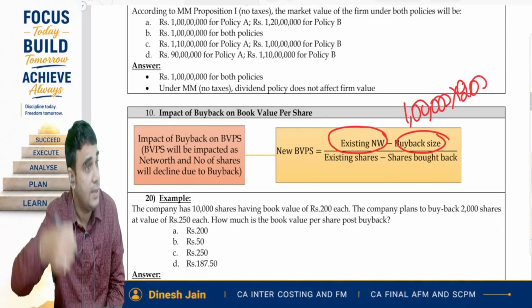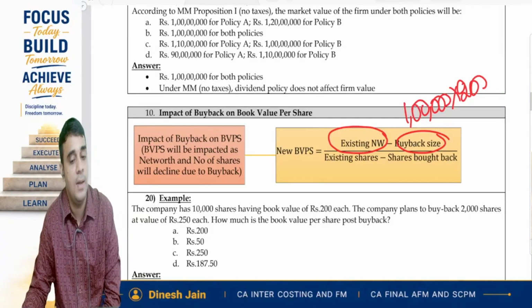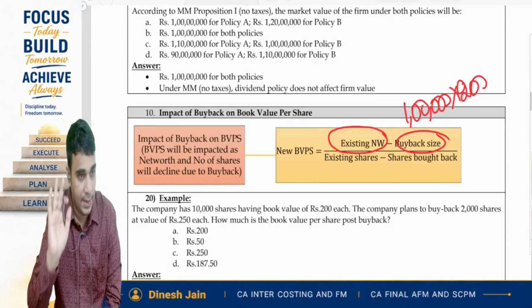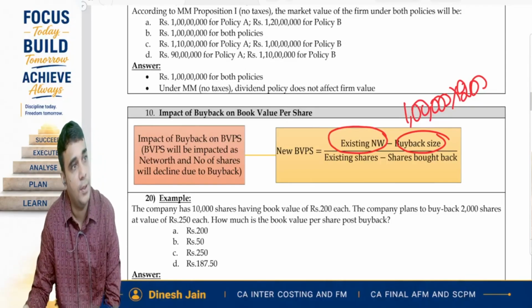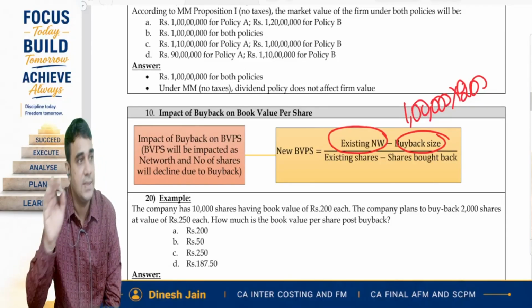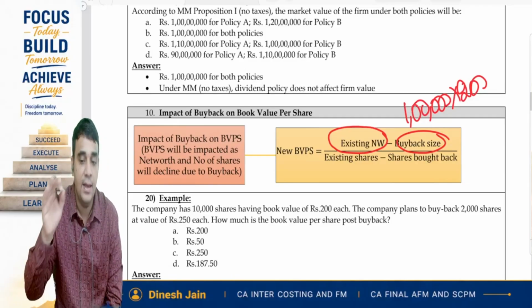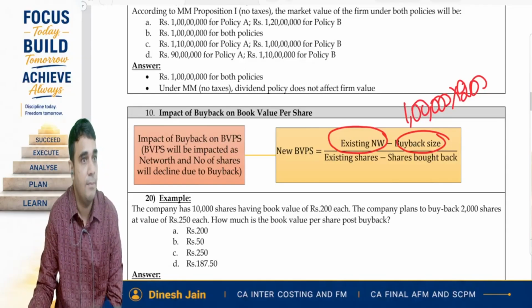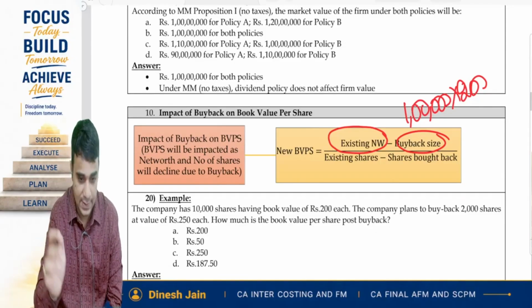In the denominator, 10 lakh shares minus 1 lakh, existing shares minus the shares bought back. Able to first understand the concept? I'll repeat. Book value per share is equal to existing net worth minus the buyback size, divided by existing shares minus the shares bought back. Any doubts in this example?